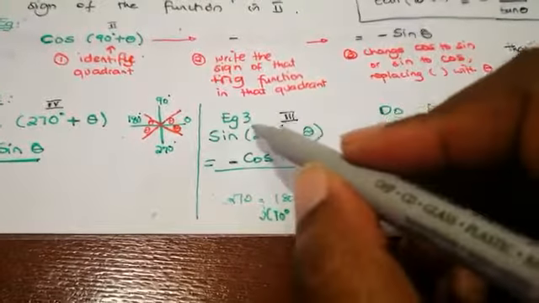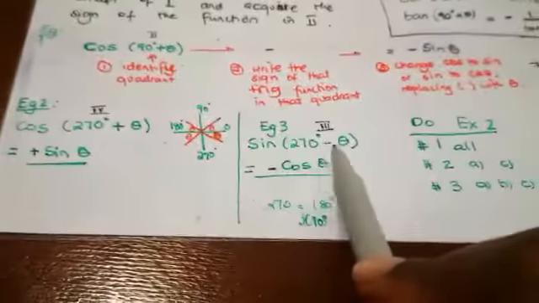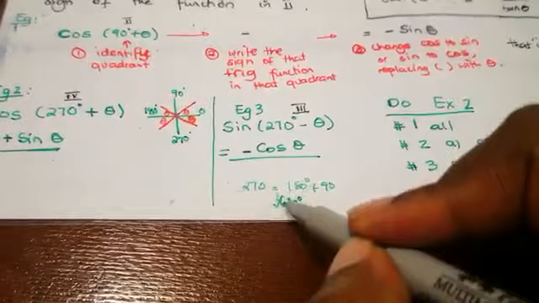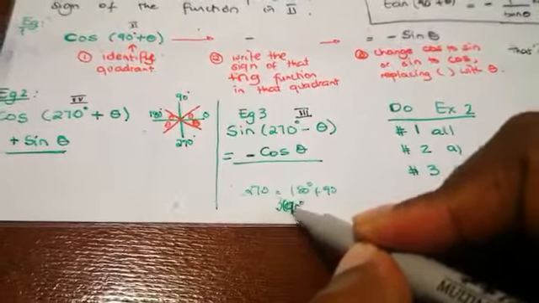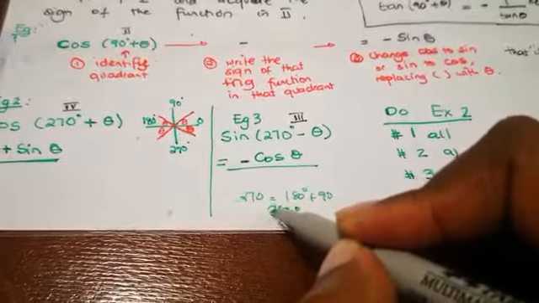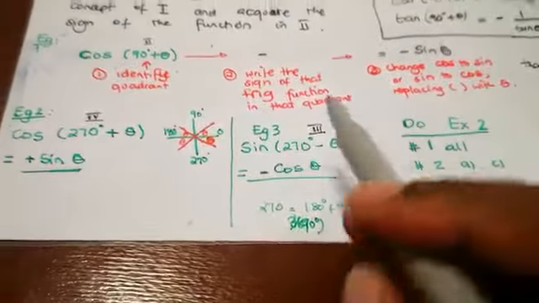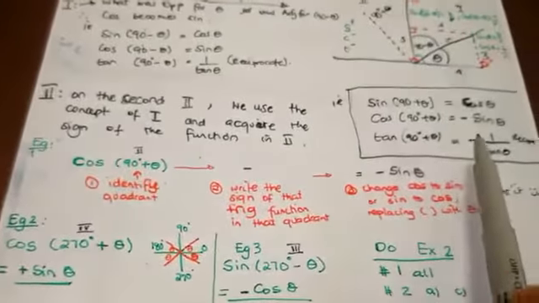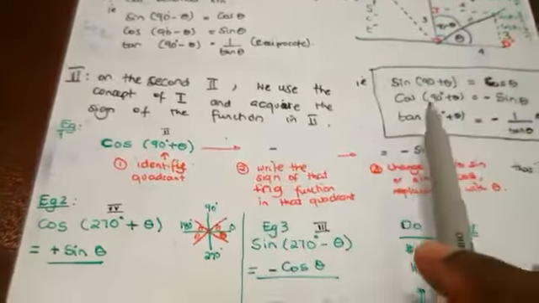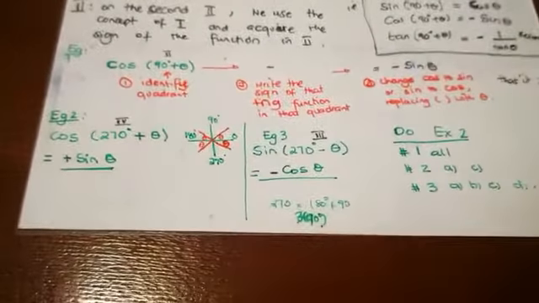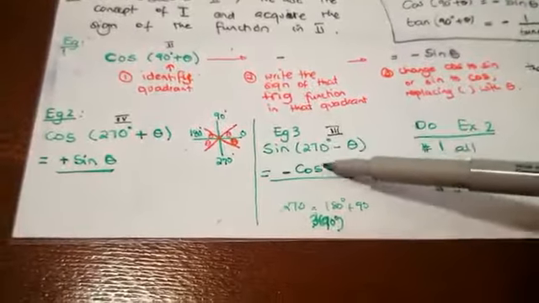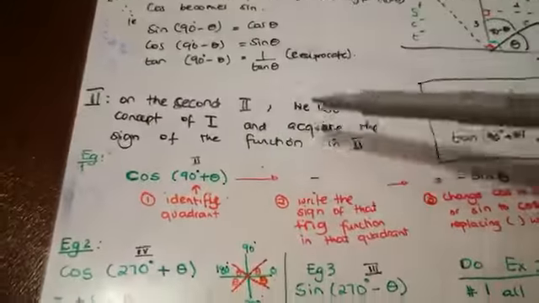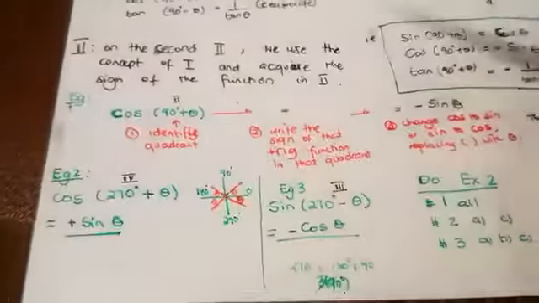So this 270 is involving the 90 that we have, but in multiple form. That is why we are using this concept that we have established there. So that is why we have used the same ideas that we have done above.